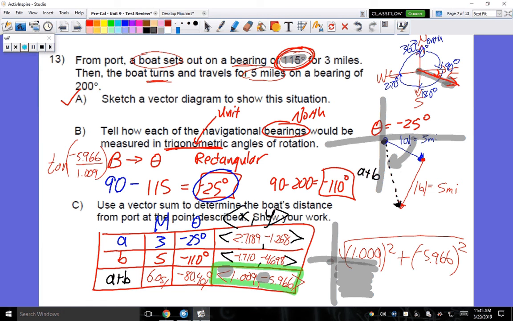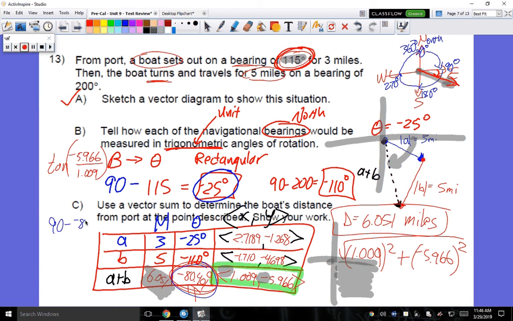Okay, so use the vector sum to determine the boat's distance from the port at the point described and show your work. So the distance from the port is just this magnitude. So you would say the distance is equal to 6.051, and in this case you have miles. If it did ask for the direction, you could say negative 80, or if it asked for the bearing, you would convert it to bearing by putting 90 minus this value of negative 80.401 degrees.